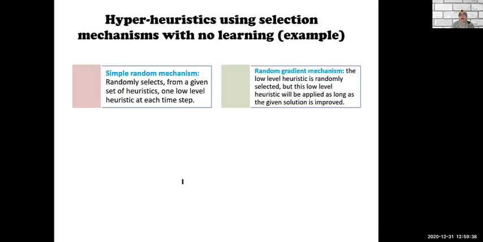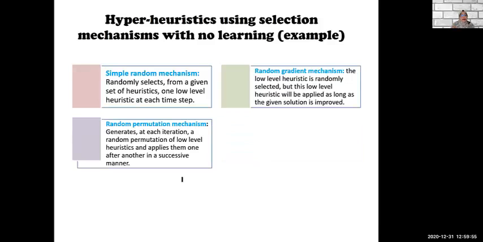Random gradient mechanism: the low-level heuristic is randomly selected, but it will be applied as long as the given solution is improved. Random permutation mechanism generates at each iteration a random permutation of low-level heuristics and applies them one after another in a successive manner.